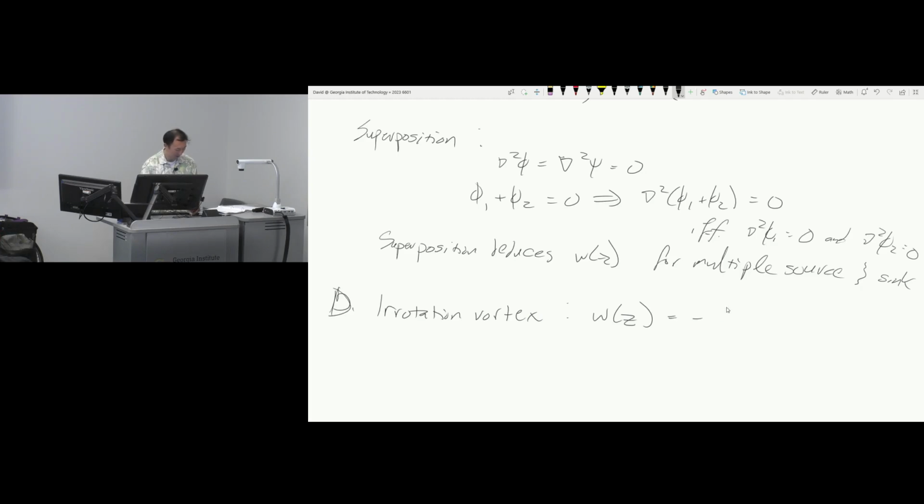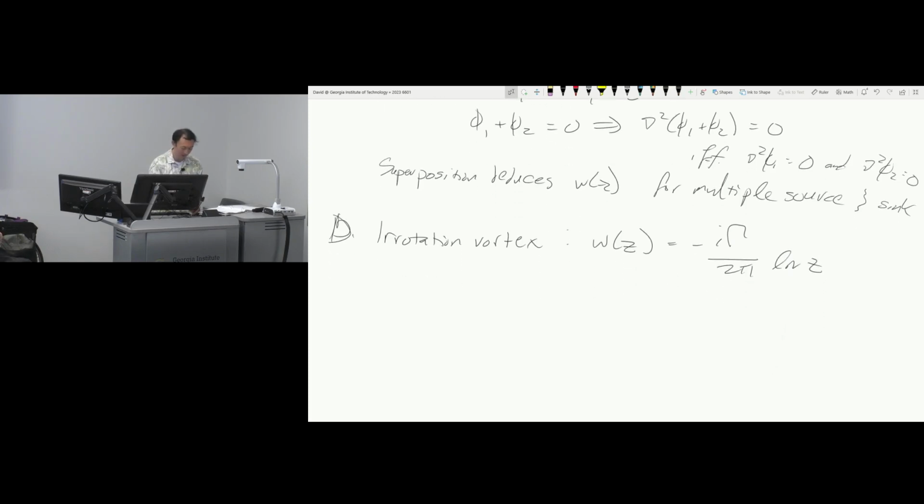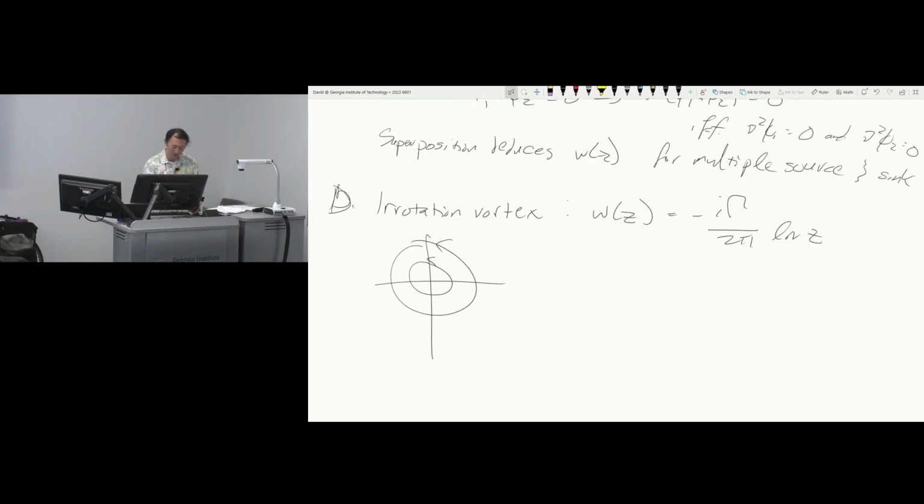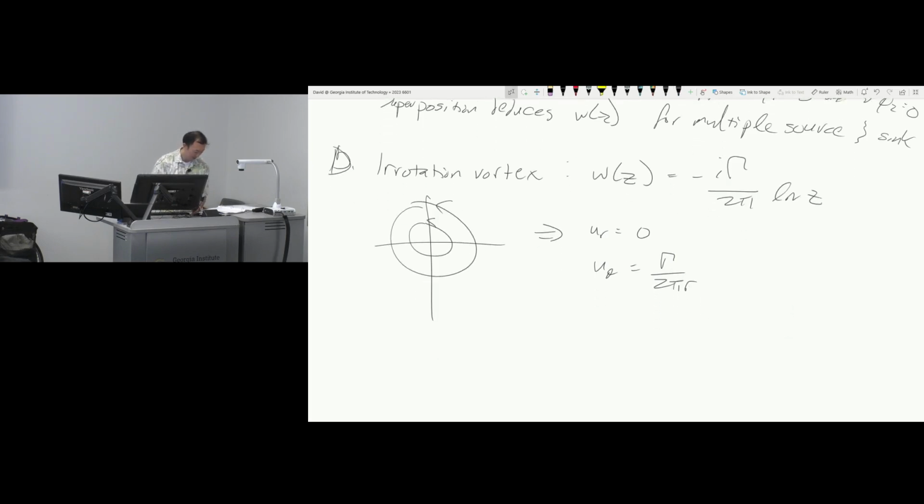W of z is negative i gamma over 2 pi log z. And that corresponds to something that looks like this. Remember, my velocity is positive in the theta hat direction, which is why I drew it that way. Basically, you have u r equal to 0 and u theta equal to gamma over 2 pi r, associated with positive theta hat.